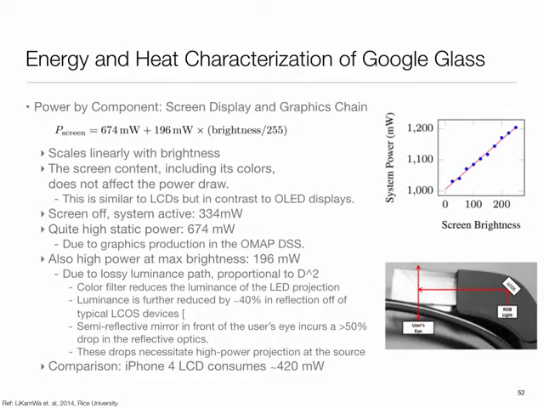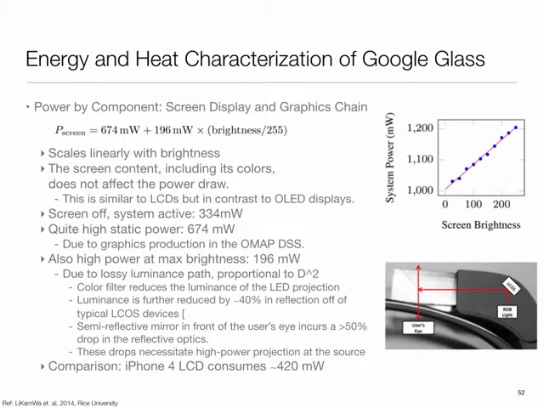So power by component: it turns out that the screen power is roughly some baseline power plus a constant term multiplied by the brightness of the screen. There is a linear dependence on the brightness, and it fits pretty well, and then a baseline power.